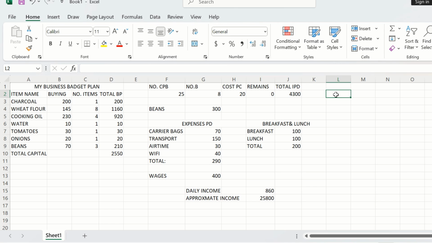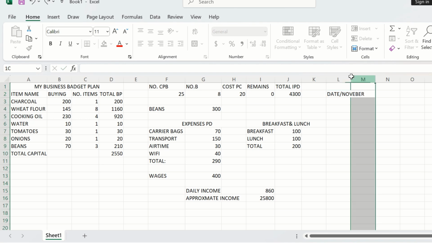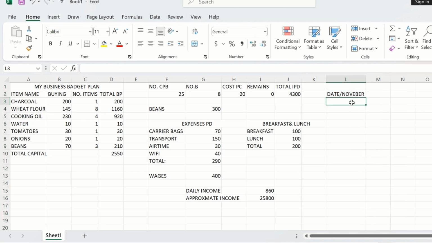So you can include the date and then the month that you are calculating so that you can keep track of what you are earning on the daily basis. So date, that is in that month, then the actual income.